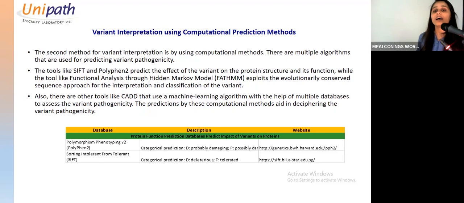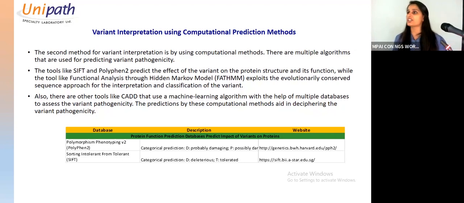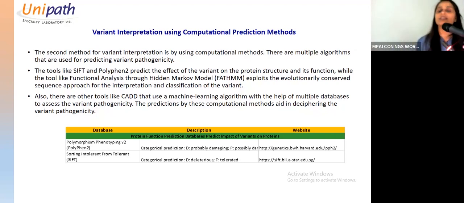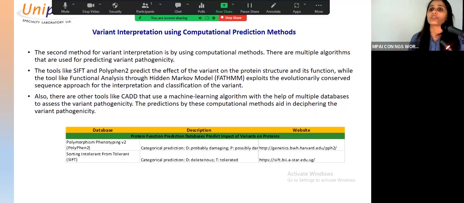It has to be combined with other criteria because this is all in silico. It's just a prediction, it's not something which is observed, and a prediction might be wrong. When you use in silico prediction tools, some of them will show it's benign, not disease causal, and some will show it as deleterious.